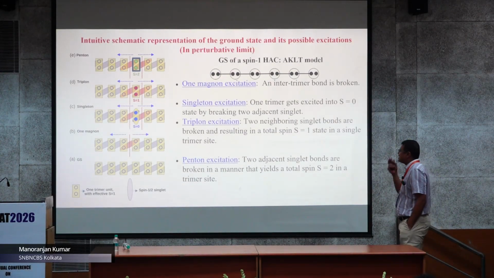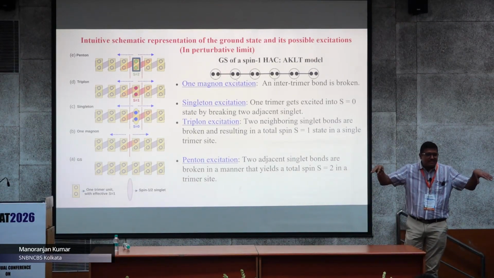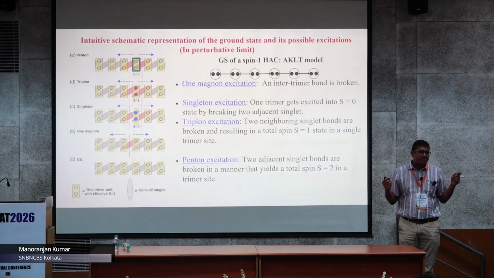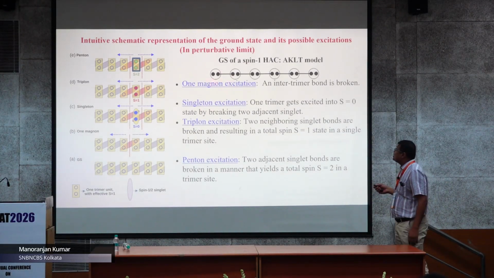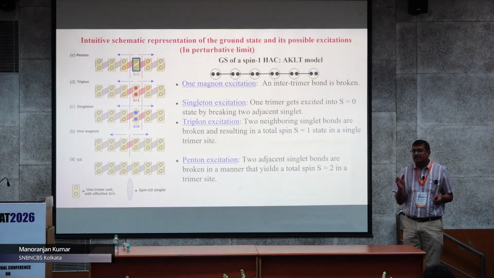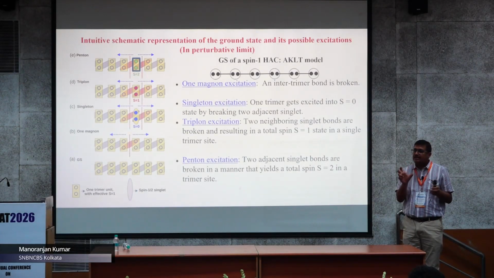Okay, so how do you understand this? You understand that these low-lying magnetic states happen because of the breaking of this BBS state. But as you go to the singleton excitation, these are no more because of the breaking of the BBS state. Rather, these are coming from the internal excitations of these trimers.